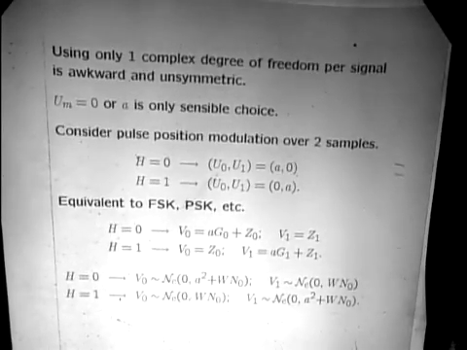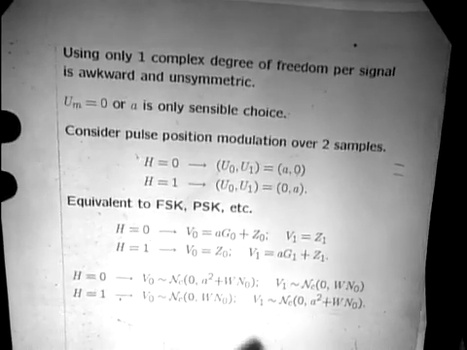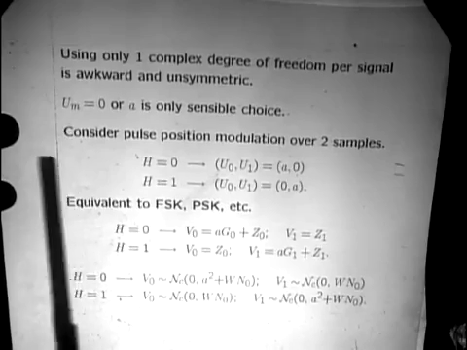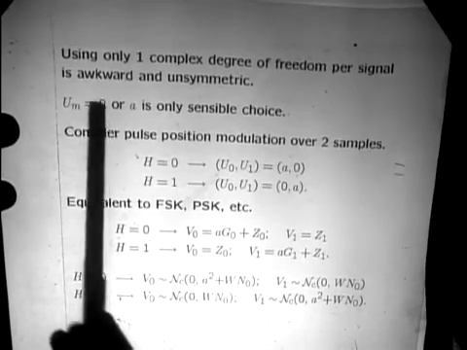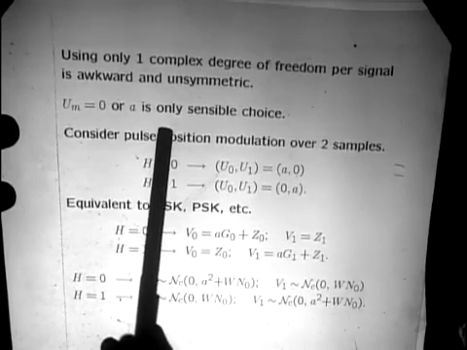Okay, if we only use one complex degree of freedom in a signal, namely if we try to send some signal, and we only use one input to the channel, and we only get one output, namely we send U sub 0, we get V sub 0, and we try to decide from V sub 0 what was sent, we're really in a very bad pickle at that point, because the only thing that makes any sense, since we can only use the magnitudes, is to send a very small magnitude or a positive magnitude.